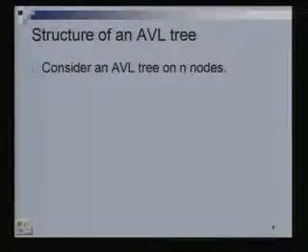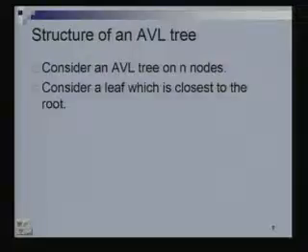Okay, so let's look at the structure of an AVL tree in a little bit more detail. So I once again have an AVL tree on n nodes. Now let me take the leaf of this tree which is closest to the root, which means whose level number is as small as possible, the smallest amongst all the leaves.